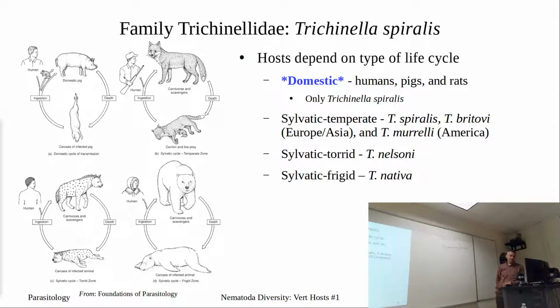And the sylvatic frigid is Trichinella nativa, up in the polar regions, where believe it or not they go into polar bears. Again, a carnivore consumes it, and then scavengers can pick it up. And again, humans can get infected if we eat undercooked meat. Cook your meat.